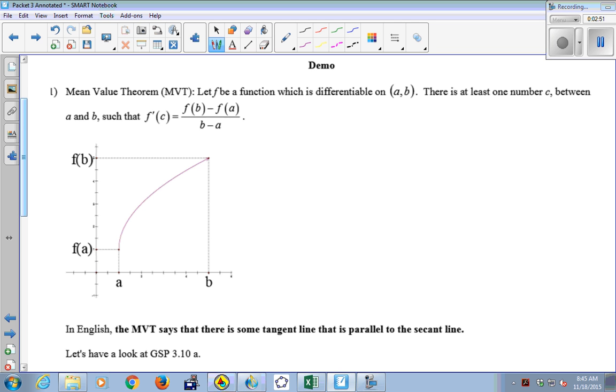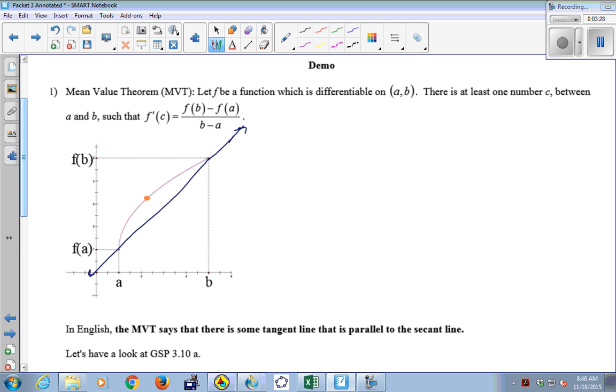So this says that if you draw the secant line from a to b, connecting the points on the function at x equals a and x equals b, there is some tangent line to the curve parallel to that secant line. So I can find somewhere between a and b a value of c so that I could draw a parallel tangent line. It looks like in this case it would be approximately here-ish.